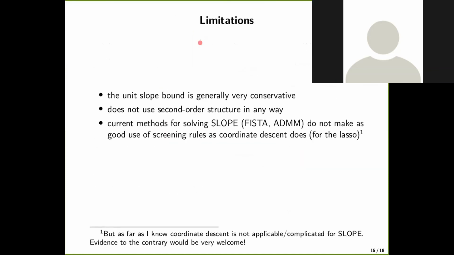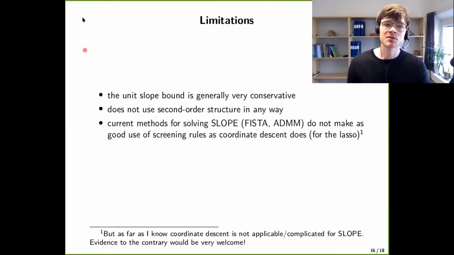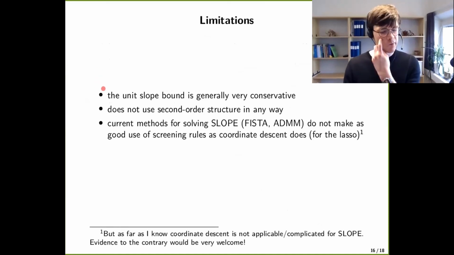We're going to some limitations of this. Some of the assumptions we use here are the unit bound assumption, and that turns out to be actually very conservative, right? It's a conservative assumption to assume that the slope increases by 1, and that is what we can see as well in, for instance, the example where we have a lot of correlation between predictors.